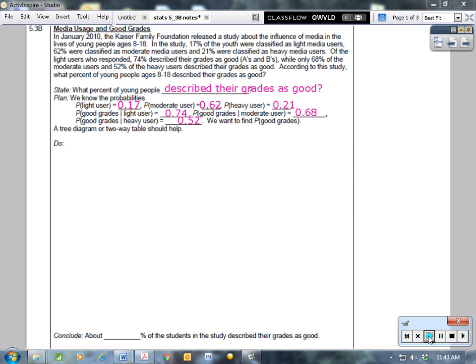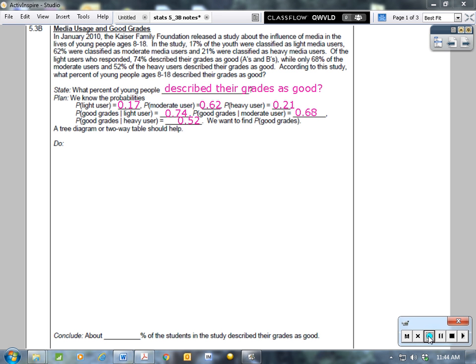Tree diagrams are really good for that because two-way tables, which we prefer to use, at least I do, only look at 2 different variables or 2 different events. If we start looking at 5 events, we can't really do that in a 2-way table. So tree diagram is another thing to look at. And it's nice using a tree diagram with a smaller amount of events because they're easier to draw.